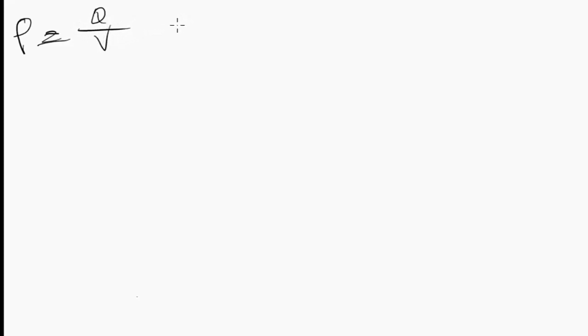Alright, so for a solid sphere charged with a constant volume density rho, we will always have AE or EA to be equal to Q over E naught. So what's the surface area of the sphere in this case? Now the surface area of this sphere will be 4 pi r squared.